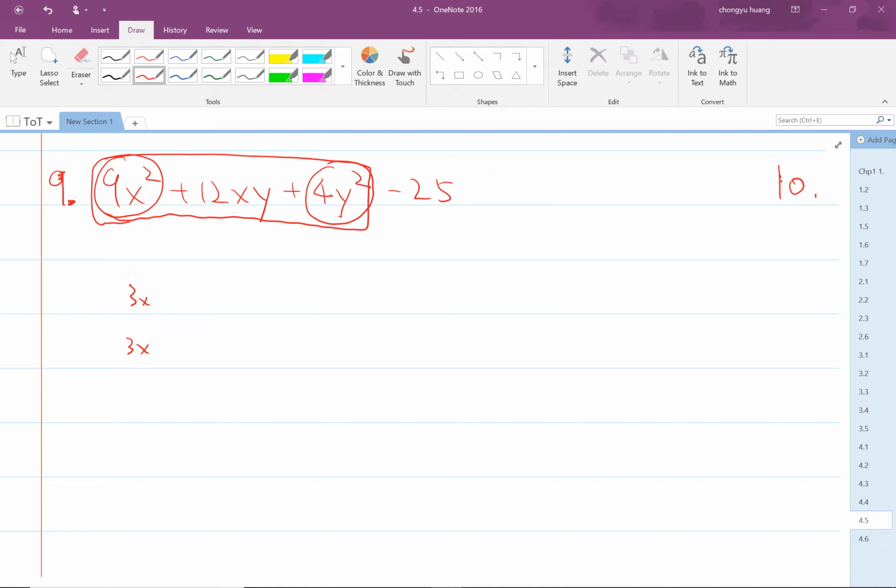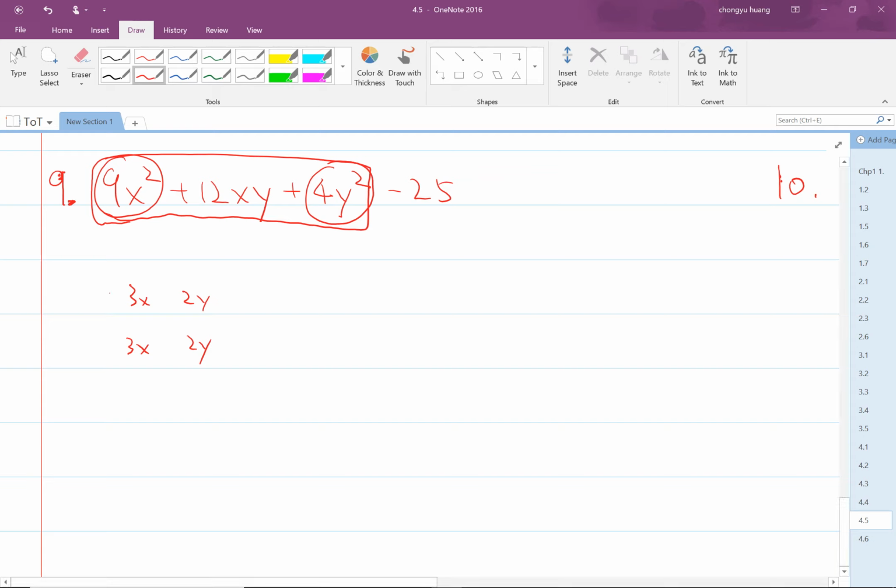So we write 4y squared as 2y and another 2y. So this is the right combination. This is how you factor out the left part.